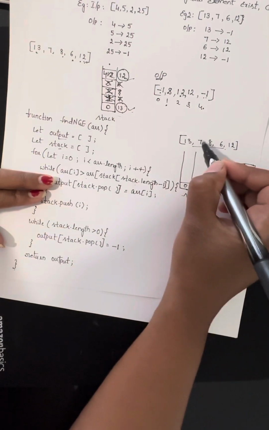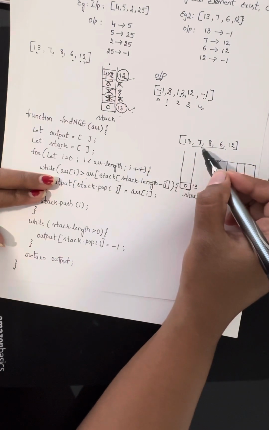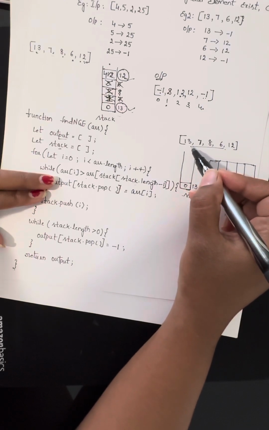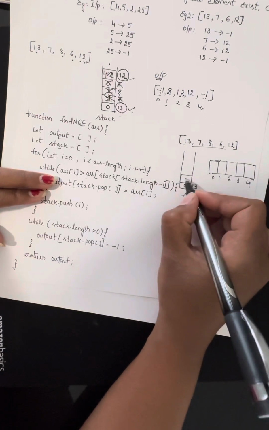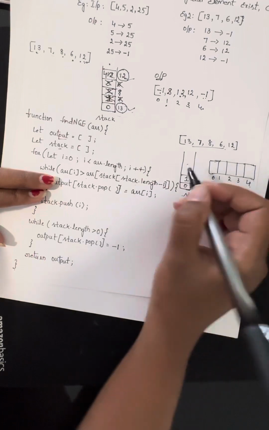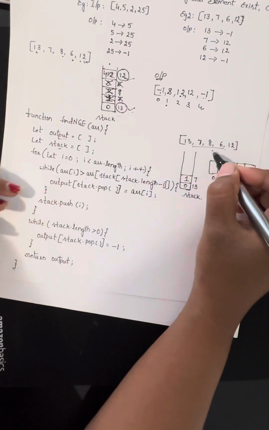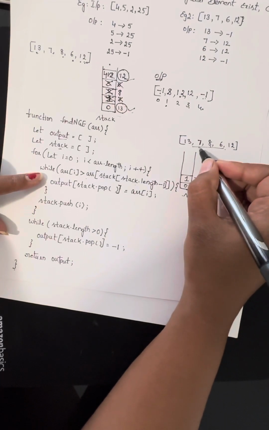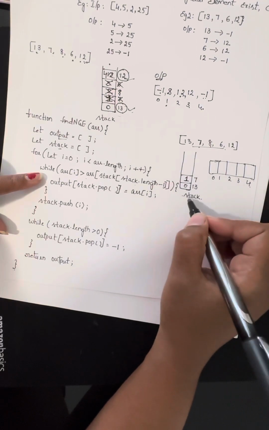We check if array of 1, which is 7, is greater than 13. It is not greater, so we just push the index of 7, which is 1. Then we move to the next number, which is 8. At 8 we check if 8 is greater than 7, the last index in the stack.